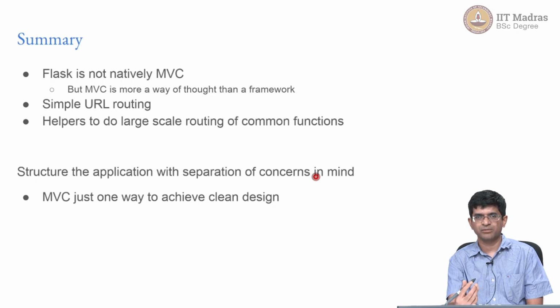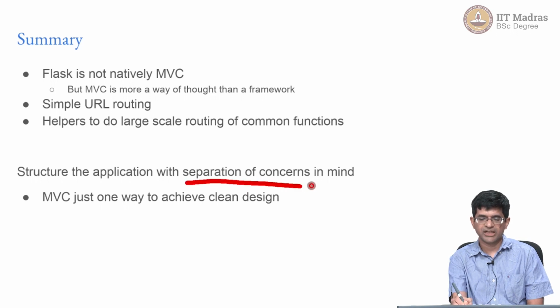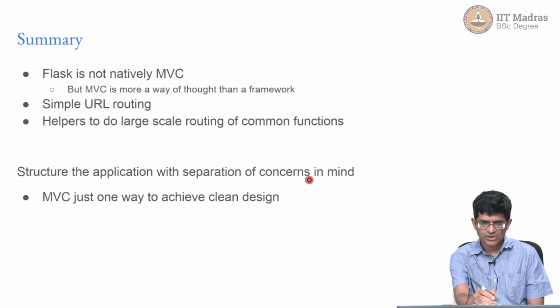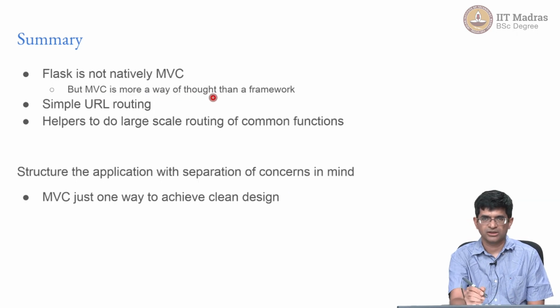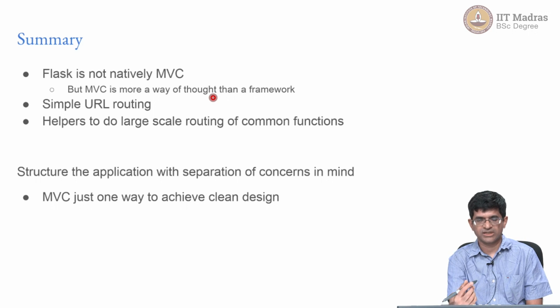All of those things become easier when you keep this kind of a clean design process in mind, and separation of concerns is one of the ways of achieving it. So MVC is more of a way of thought rather than a specific framework or a specific way of doing things. In that sense, Flask can be used in order to achieve most of the goals of MVC. How is that?